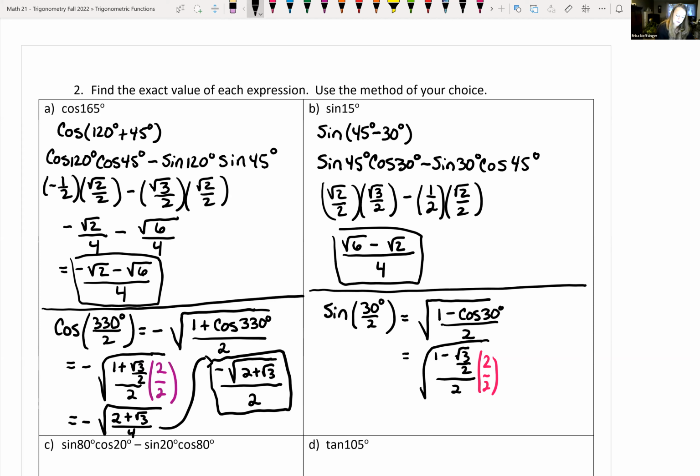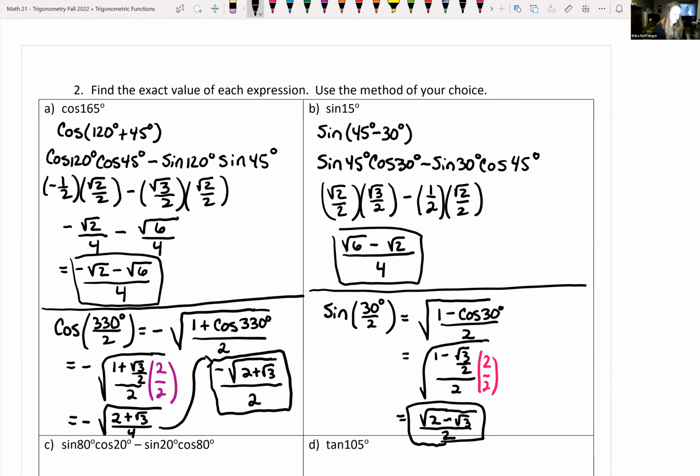And doing that, distributing our 2, this is equal to the square root, and then underneath that radical, we have 2 minus root 3, all over 4. But taking the square root of 4, that is just 2.